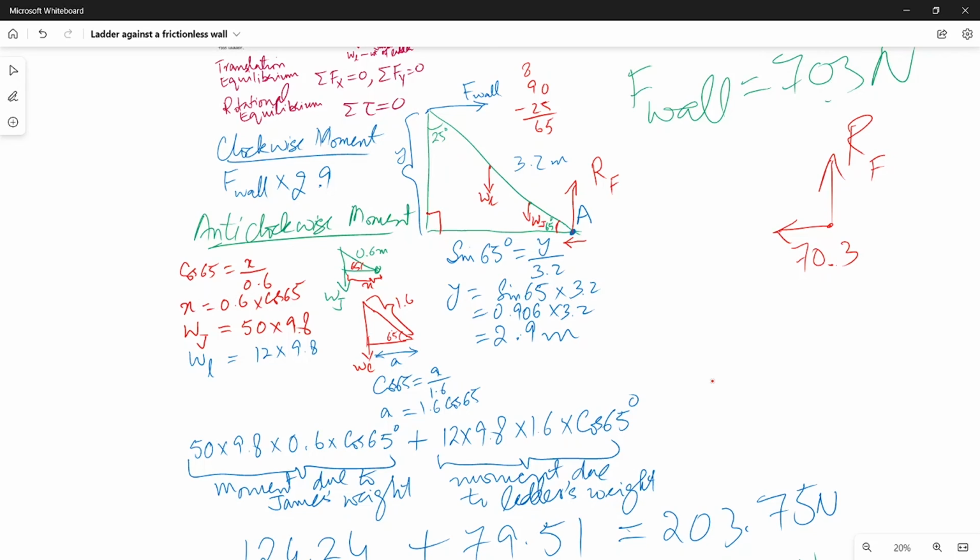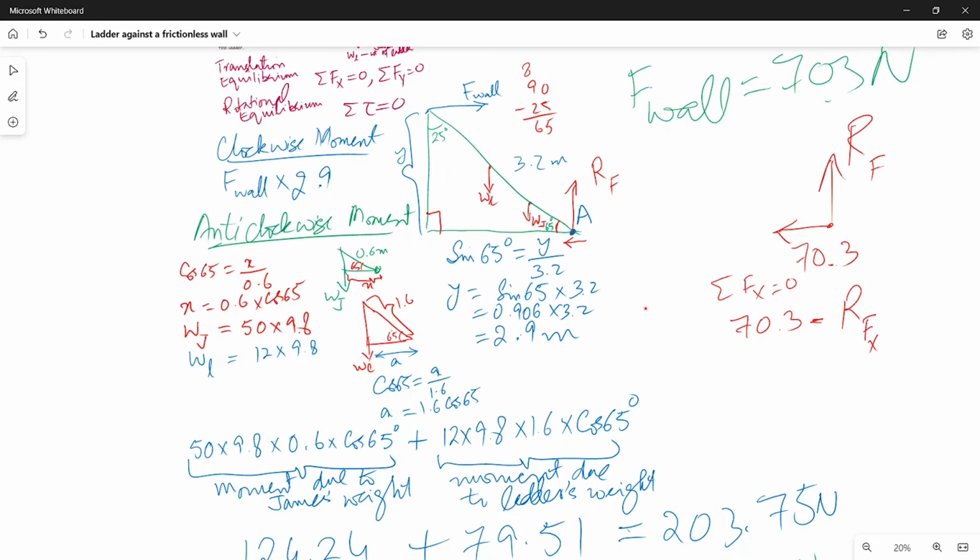So we would do it both ways. What we have is sigma Fx equal to 0, and therefore the 70.3, which is in the right direction, has an opposite, minus the reaction force in the x direction.